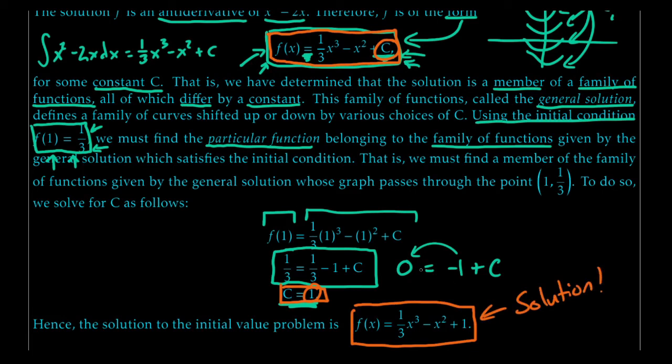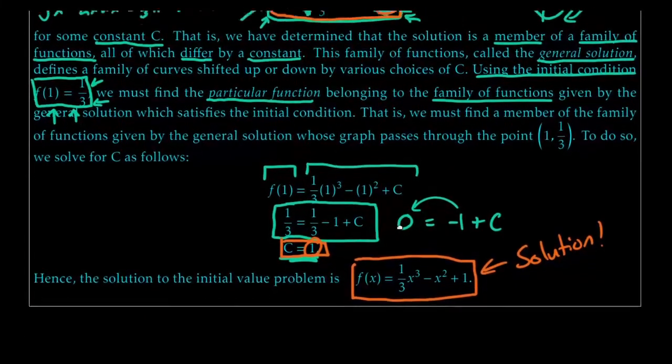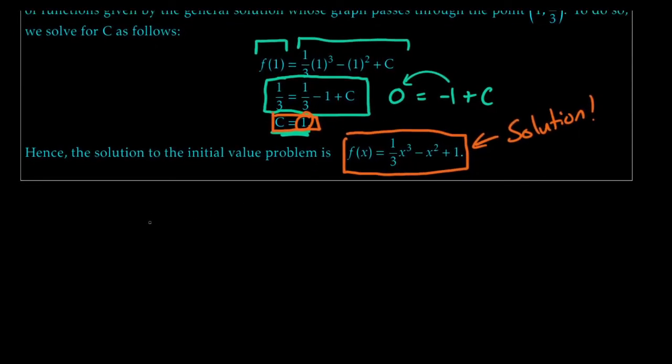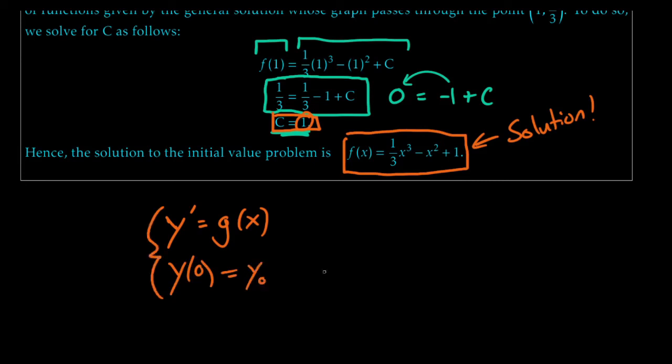Very cool. All right. So there are a lot of different types of differential equations out there. This is by no means exhaustive. We solved a very simple type of initial value problem right here, something of the form y prime is equal to g of x, and y of 0 is equal to some value.